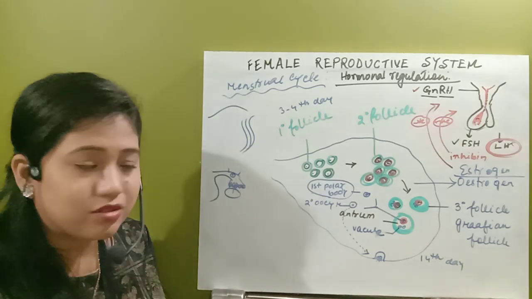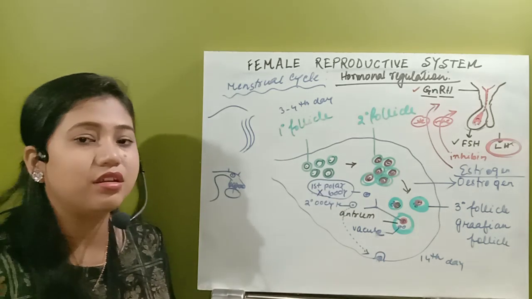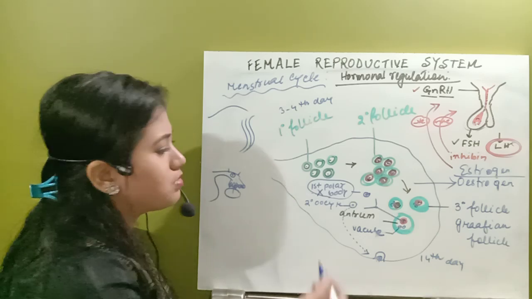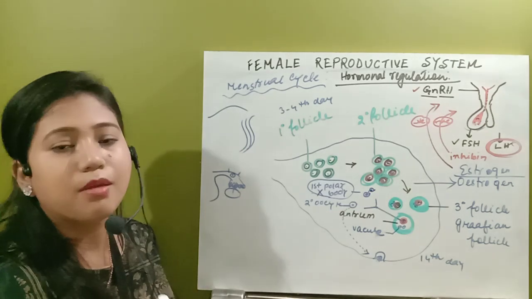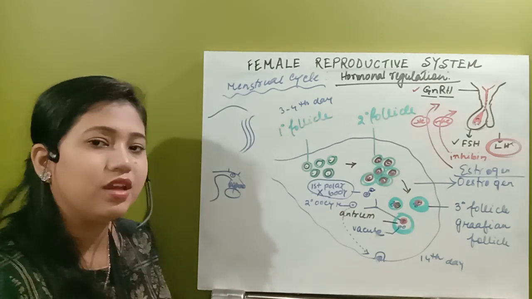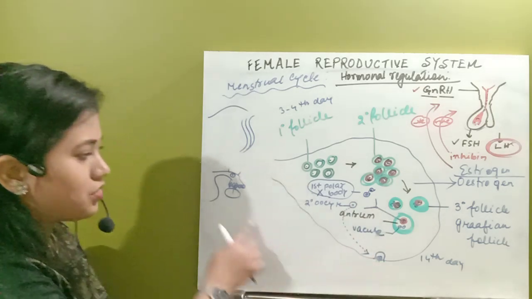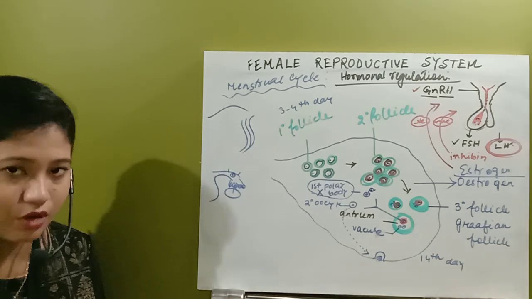So that's why the first polar body will degenerate inside the ovary itself. Maybe sometimes the first polar body undergoes normal mitosis and forms two cells, but later on after 2-3 days it will degenerate. So the secondary oocyte will be caught by the fallopian tube and it will reach the ampullary-isthmic region.